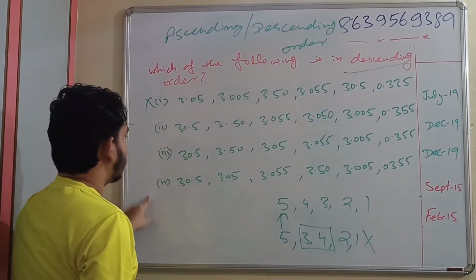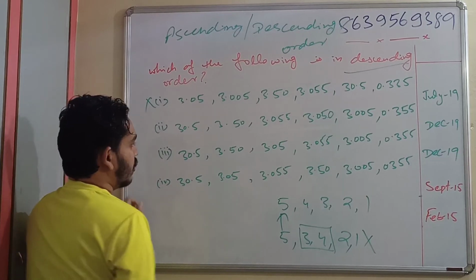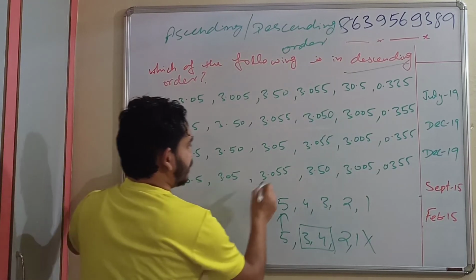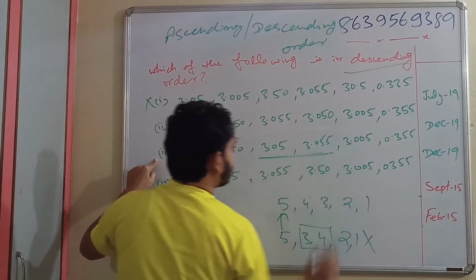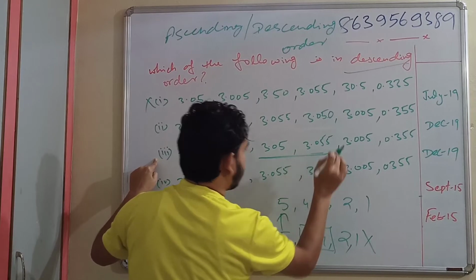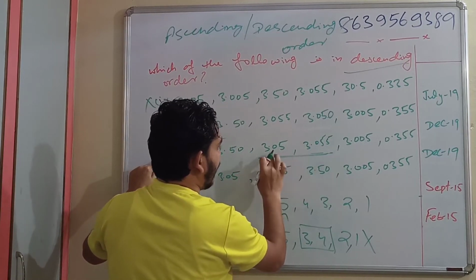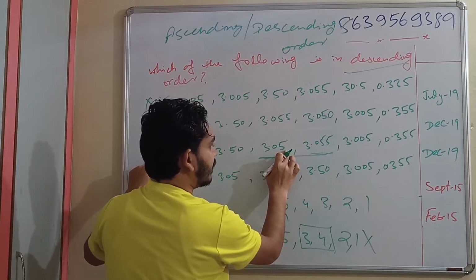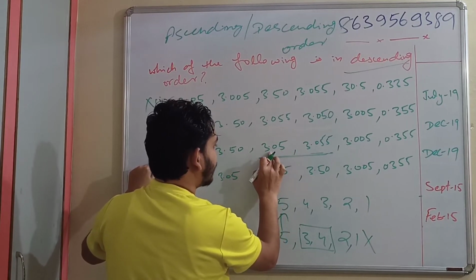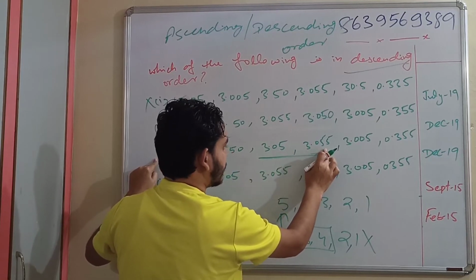Now in these three options, 30.5 is at the very first place, so these are okay. If you look at the third option and these two numbers, 3.05 and 3.055, to compare them, an equal number of digits has to be there after the decimal.